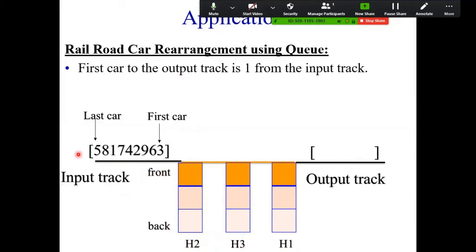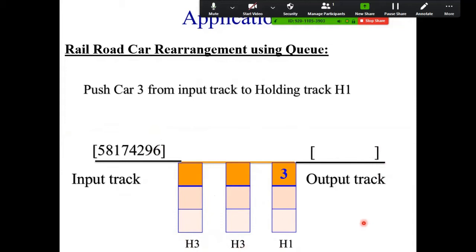Which is the first car to be output from the input track to the output track? That is car number 1. But I will take car number 3. I have to keep this car number 3 into the holding track. So I push car number 3 into holding track H1. I did the push operation. Still, the car to be output is 1. I have to keep all these cars into the holding tracks.